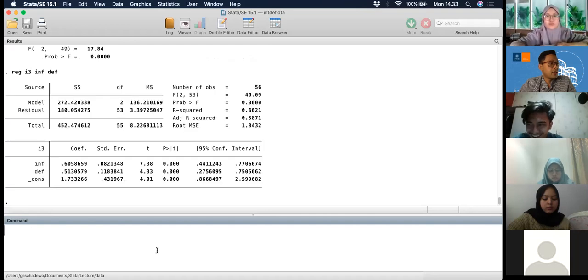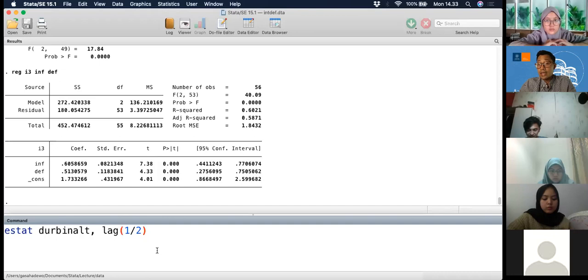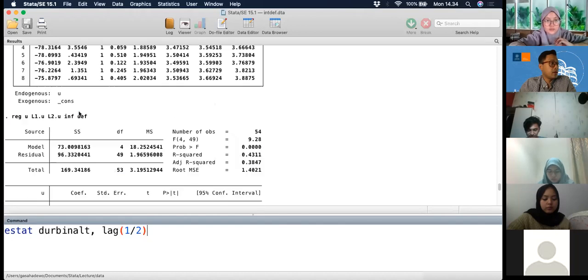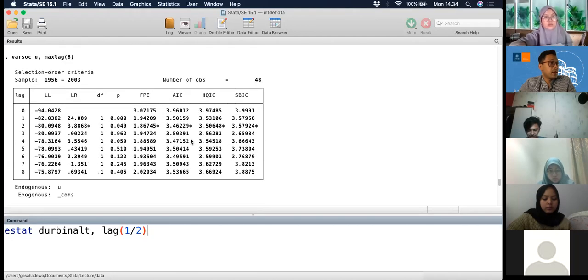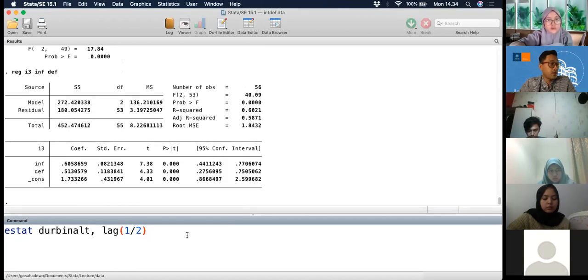After you run the regression, you run estat durbinalt, and you specify lag 1 and lag 2. Why do we use lag 1 and lag 2? The analysis we did so far indicates that the optimal lag length is 2, so that is why we use lags 1 to 2.